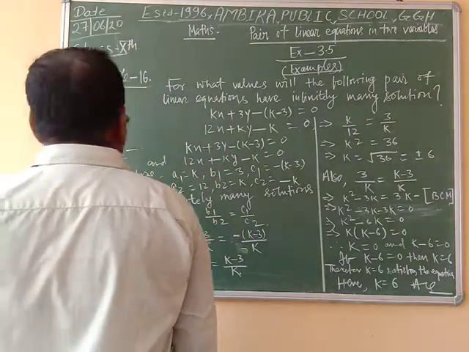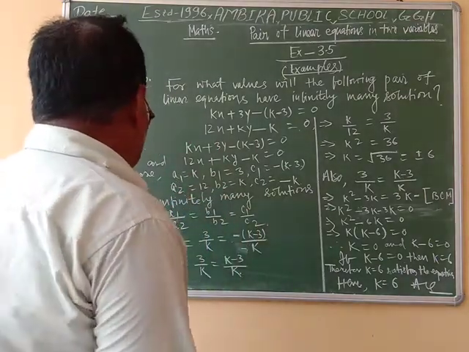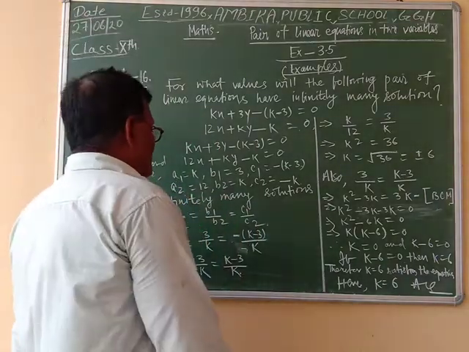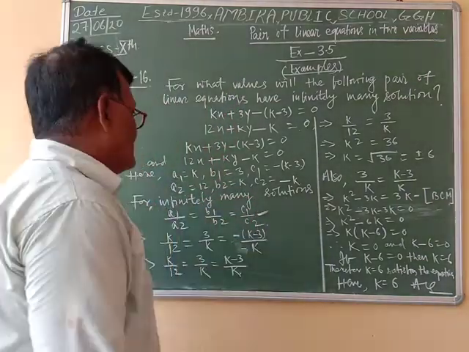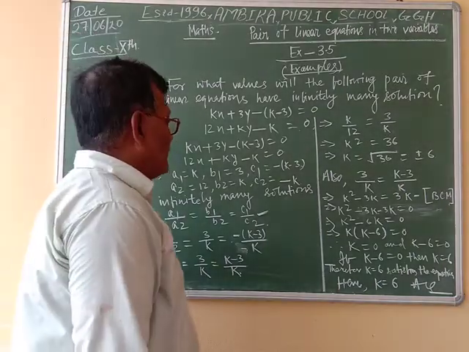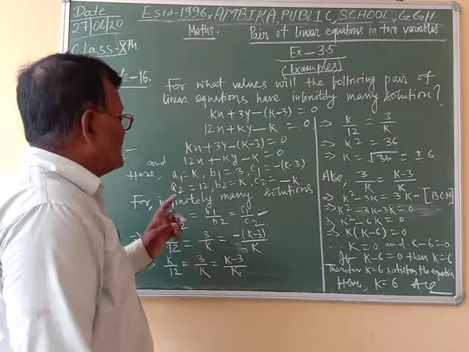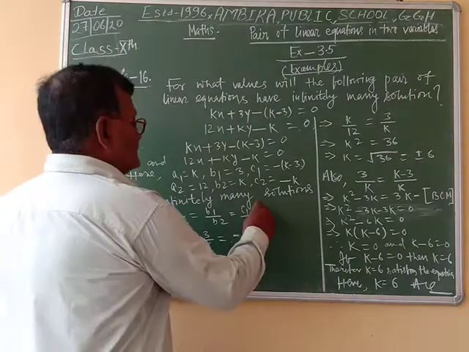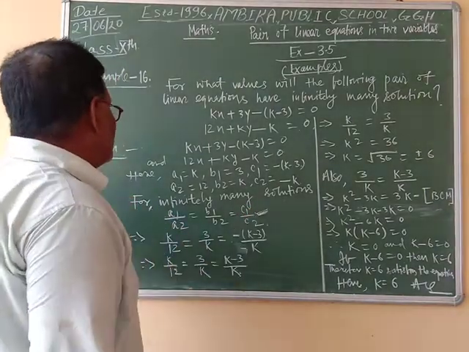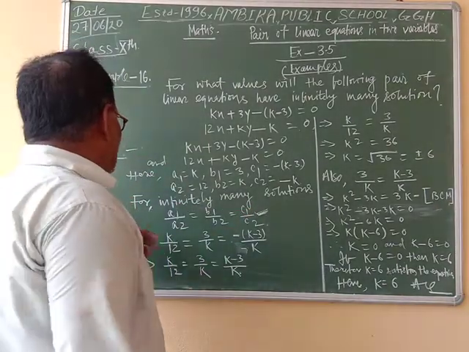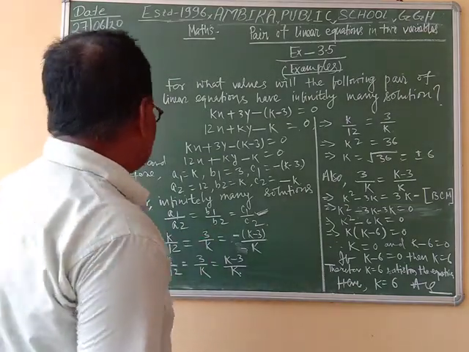We are asked for infinitely many solutions. We have learned a1 by a2 must be equal to b1 by b2 equal to c1 by c2. For the equations to have infinitely many solutions, the ratios of a1 a2, b1 b2 and c1 c2 must be equal. So for infinitely many solutions I have written a1 by a2 is equal to b1 by b2 is equal to c1 by c2.